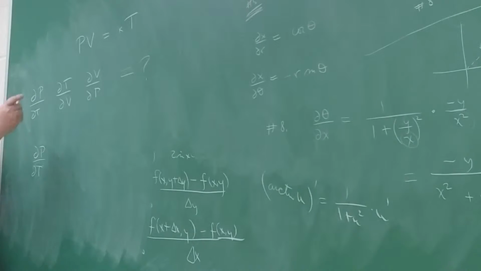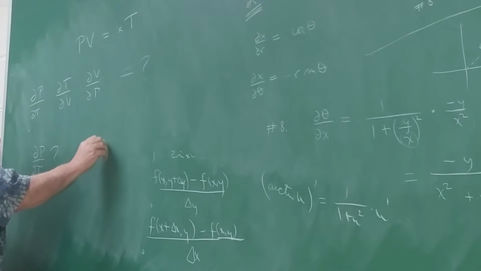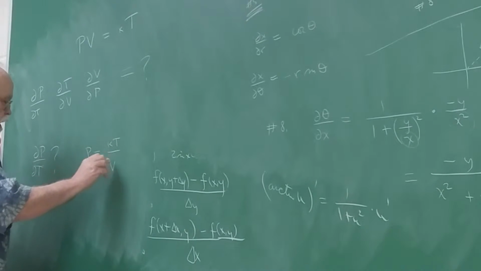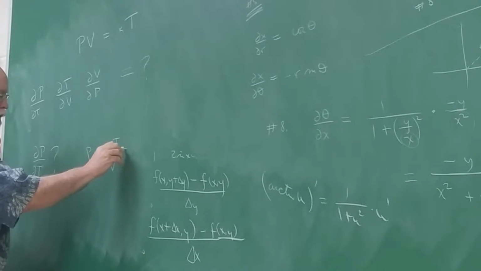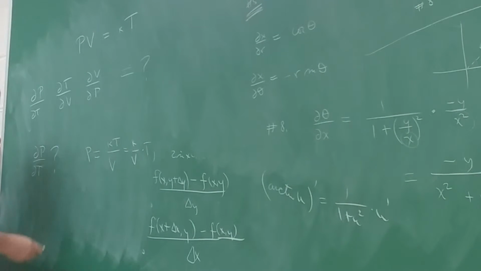You move the V. So I've got P equals KT over V. And again, I'm taking the derivative with respect to T, so I'm going to think of K and V as constants. So del P del T equals K over V.